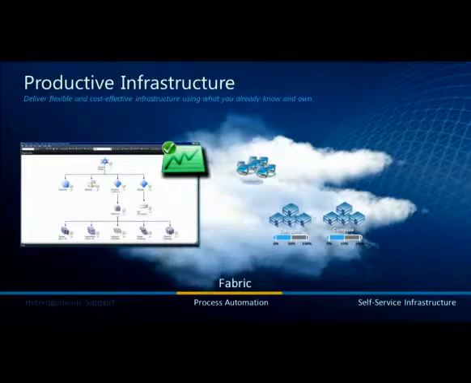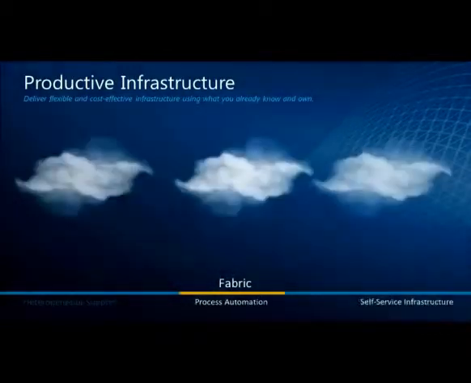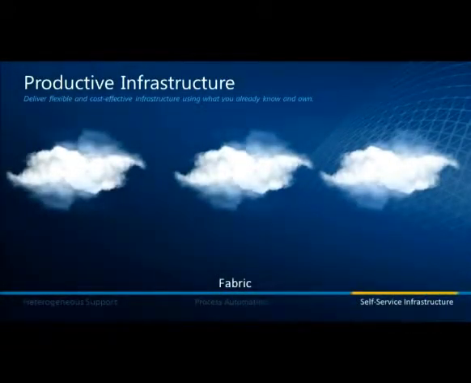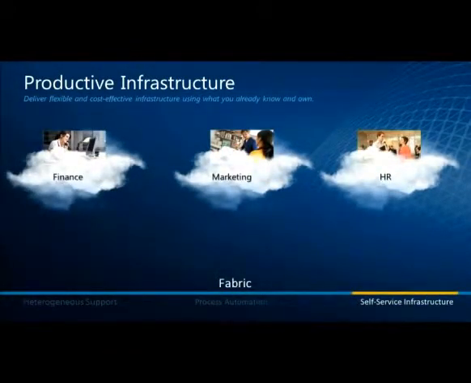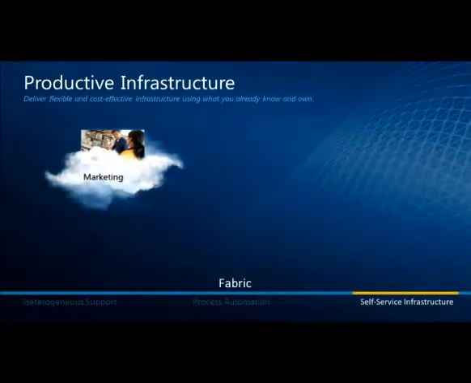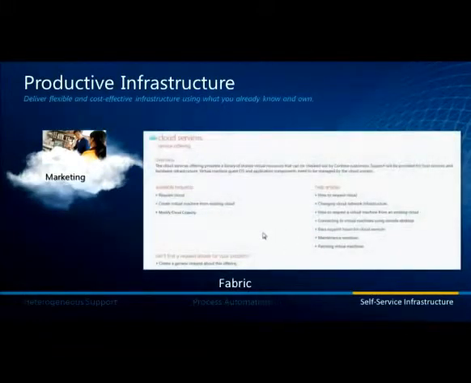And once you've taken care of standardizing and pooling your fabric and keeping it healthy, you can deliver the fabric in a self-service experience to your business, right? In this example, the business is represented by finance, marketing, or HR, which are lines of business. They could just as easily have been dev, test, production, or geography based. Once you've divided your private cloud fabric and allocated it back to your business units, let's say your marketing business unit wants to request more capacity.